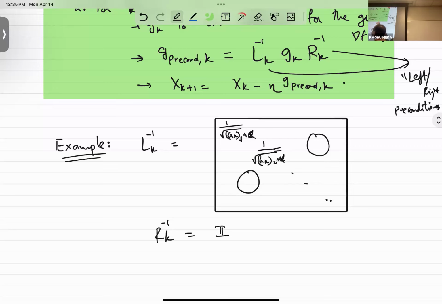Because when I run this, in x_{k+1,j}, I'm doing x_{k,j} minus eta divided by the corresponding jth coordinate times the gradient. So it's some kind of generalization of AdaGrad. It's not specifying how you compute L_k and R_k, but typically in Adam and AdaGrad, these are diagonal matrices.